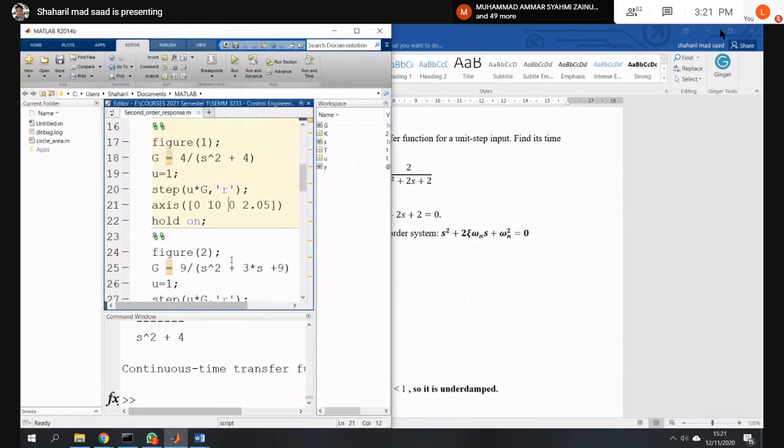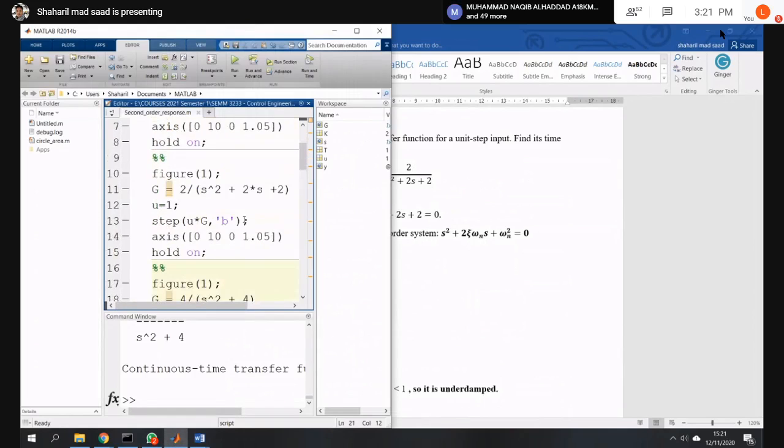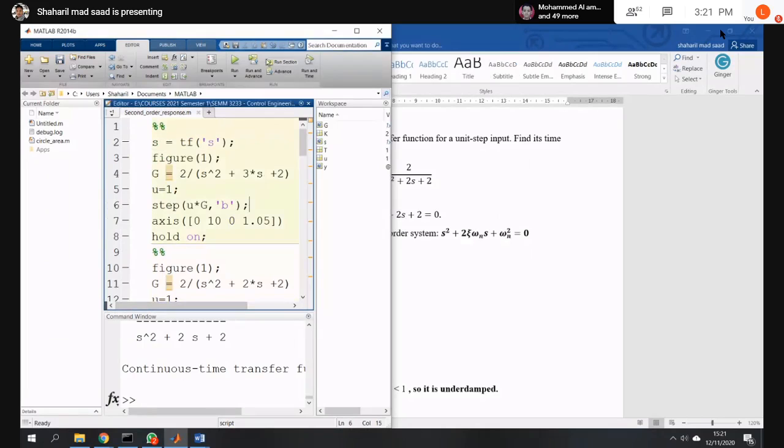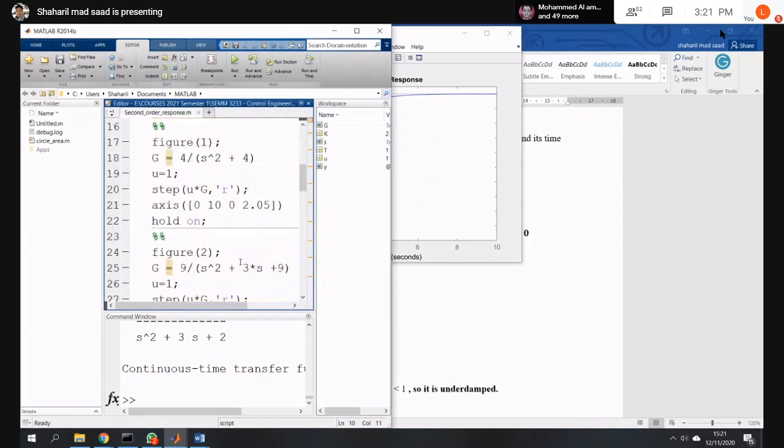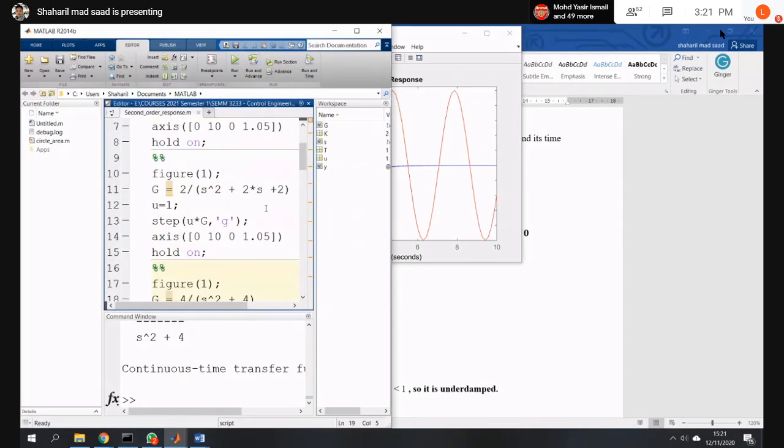2 plus 2s here. This one. Blue, and then red, and after that green.